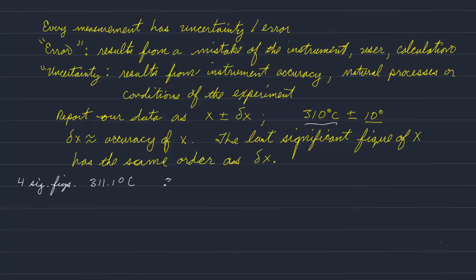And we could also write that as 3.111 times 10 to the 2 degrees C. If we wanted to write the same number in 3 significant figures, we would write 311 degrees C, or 3.11 times 10 to the 2.